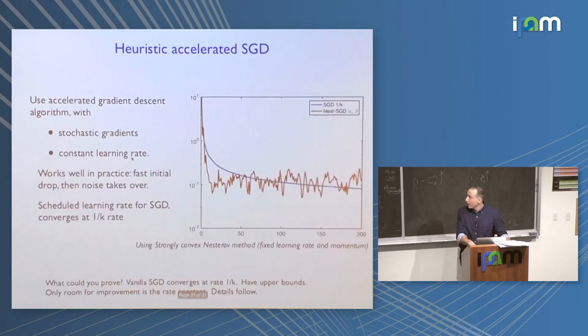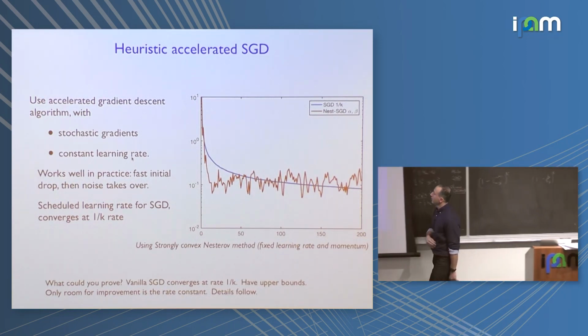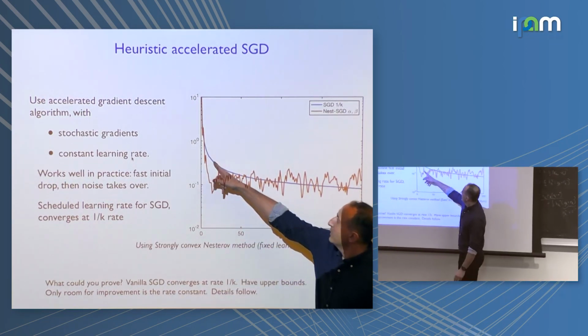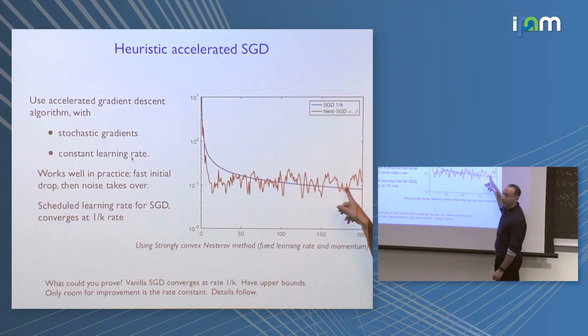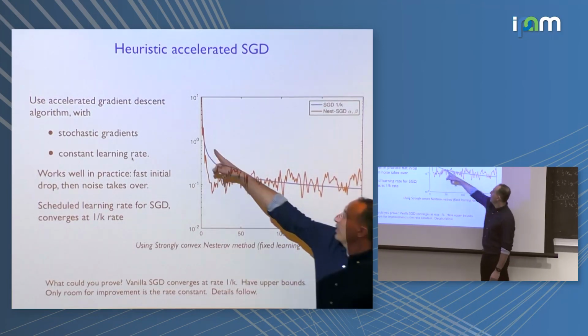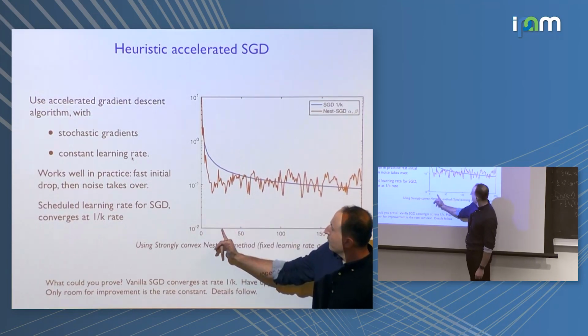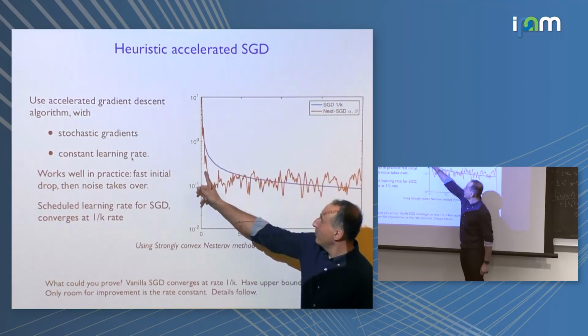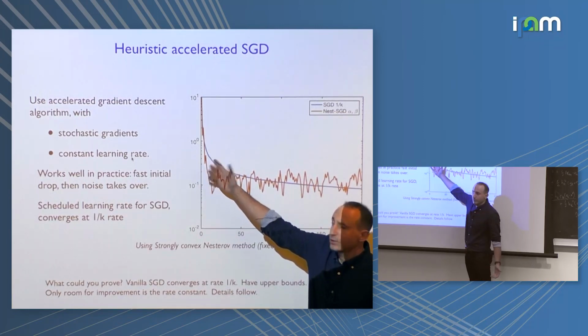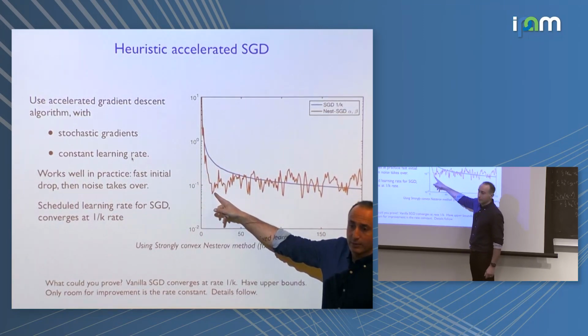Okay, so what happens? Before we do that, let's just do the heuristic. This is what accelerated SGD does. This is your perfectly tuned SGD. It goes down like 1 over k. That's what the proof says. But in the first 25 steps of Nesterov, it's like the noise in the gradients doesn't matter. It goes down faster.